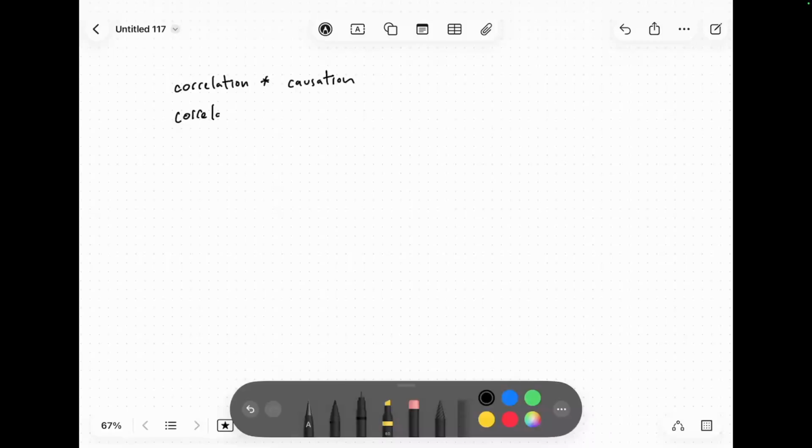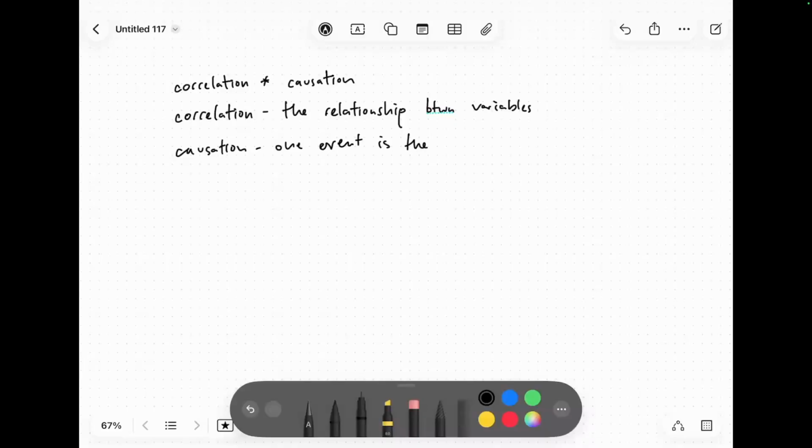So correlation is the relationship between variables, and causation is how one event is the result of the occurrence of the other event.